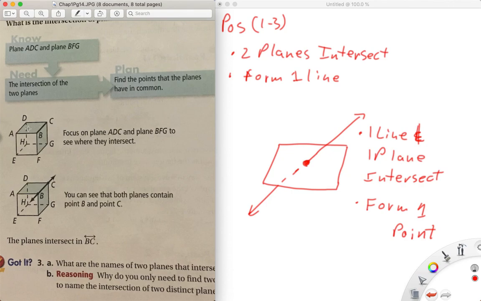So this one is going in this direction, this one is going in this direction, and when they intersect, they form a line. Remember, two planes form a line. And the line that they form, in this case, is going to be line BC, or you could write it as line CB. So two planes intersect to form a line. The top plane of the cube and the right side plane of the cube would intersect to form a line, and that line is BC.